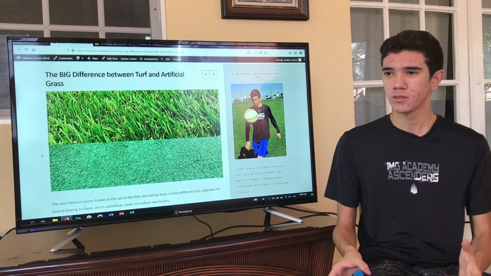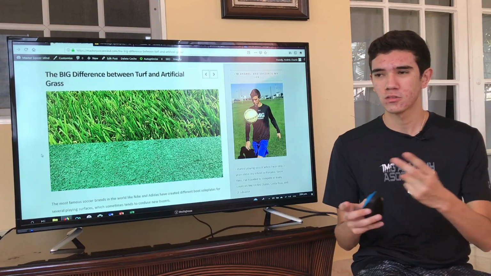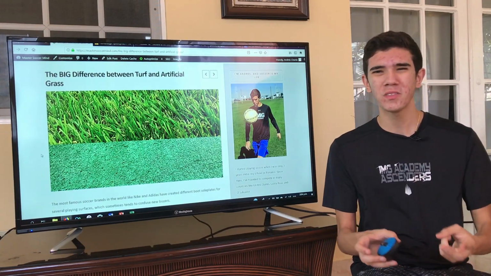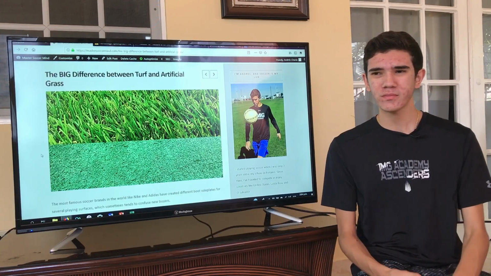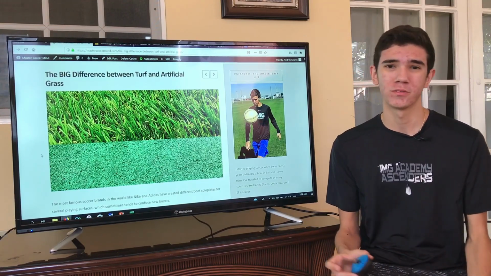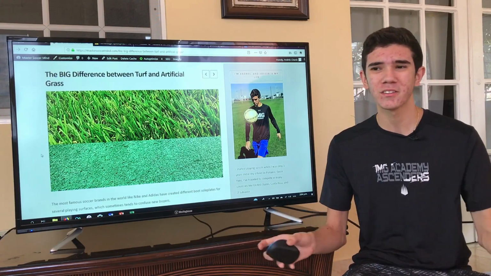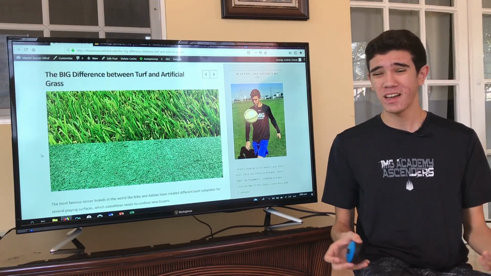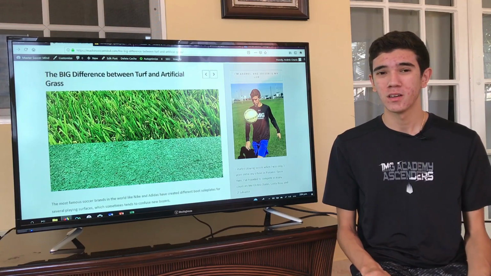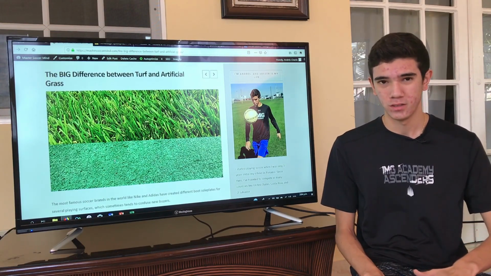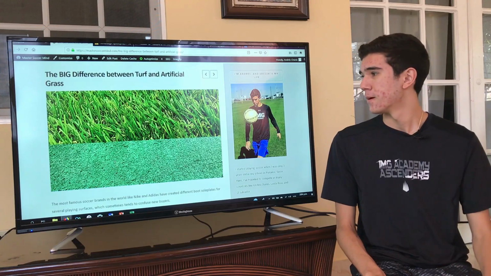What's the difference between turf and artificial grass? Why do they make different pairs of soccer boots for a surface that is synthetic grass? Well, there has to be a difference, because both sole plates are very different from one another, okay?